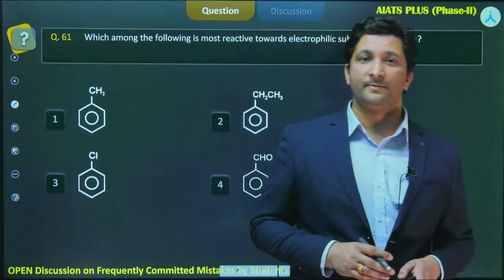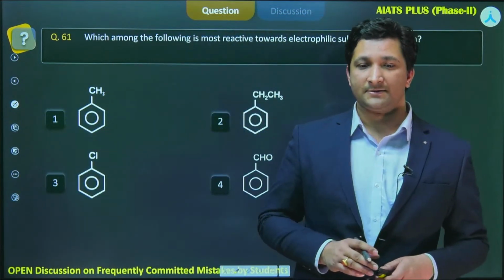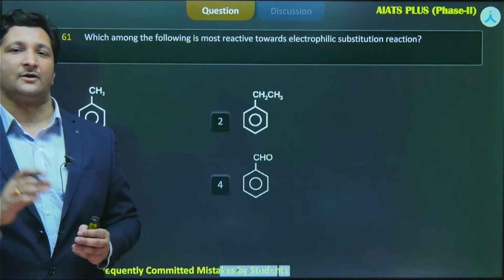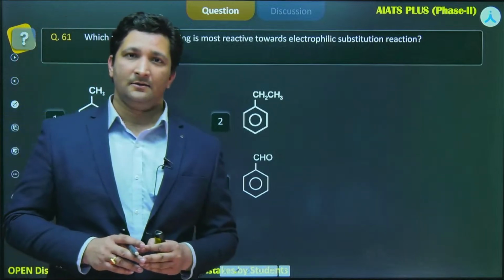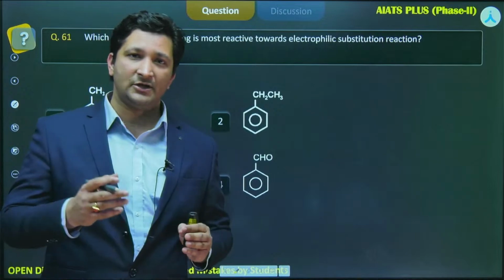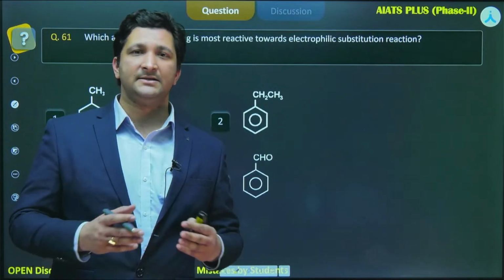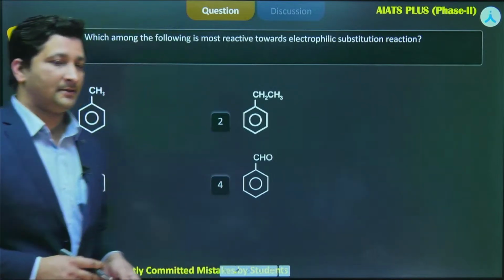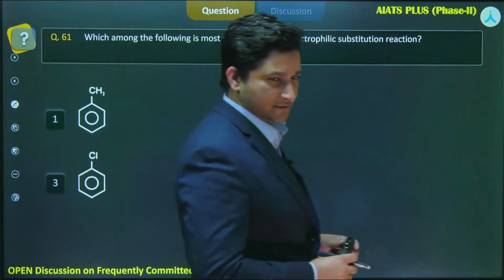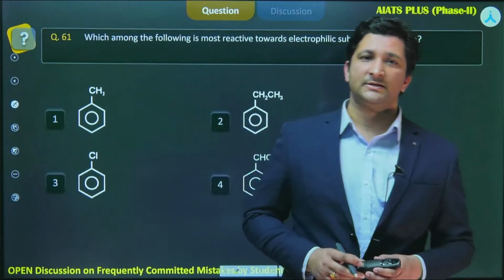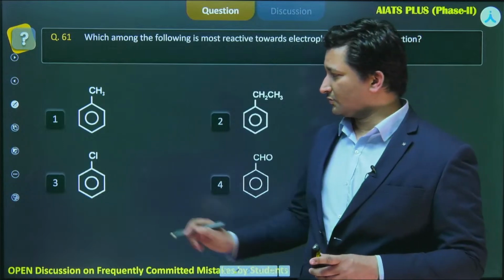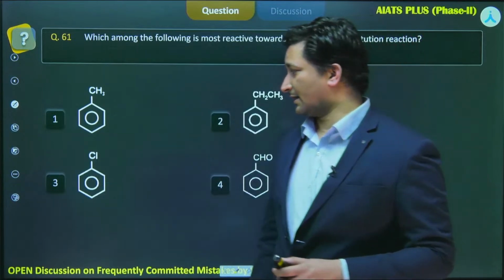Cl is ortho-para directing, but Cl also has an electro-inductive effect. So the tendency to donate electrons and the inductive effect work against each other, due to which in the case of halogens the product yield is generally not that much. That's why halogens are mostly deactivating in nature. So less product will be there, and this will not be our correct answer.